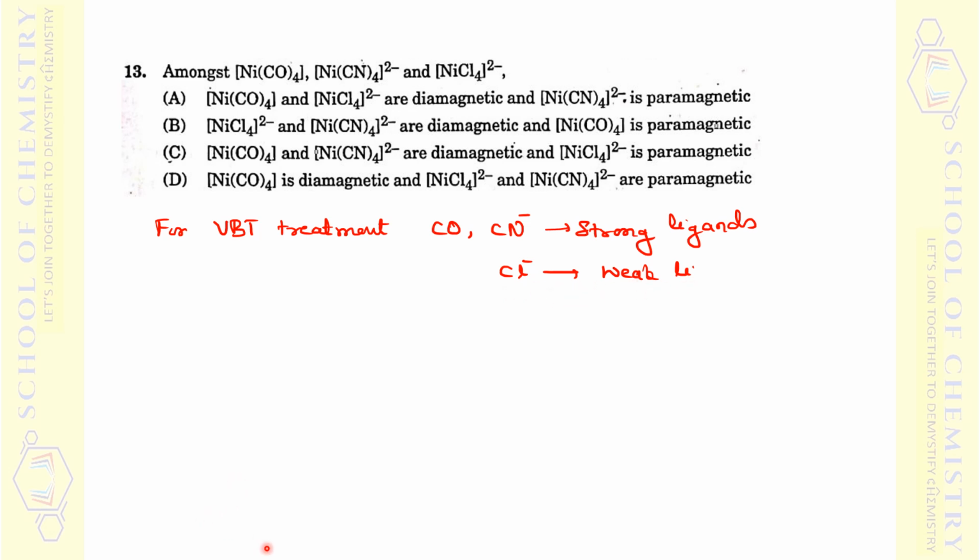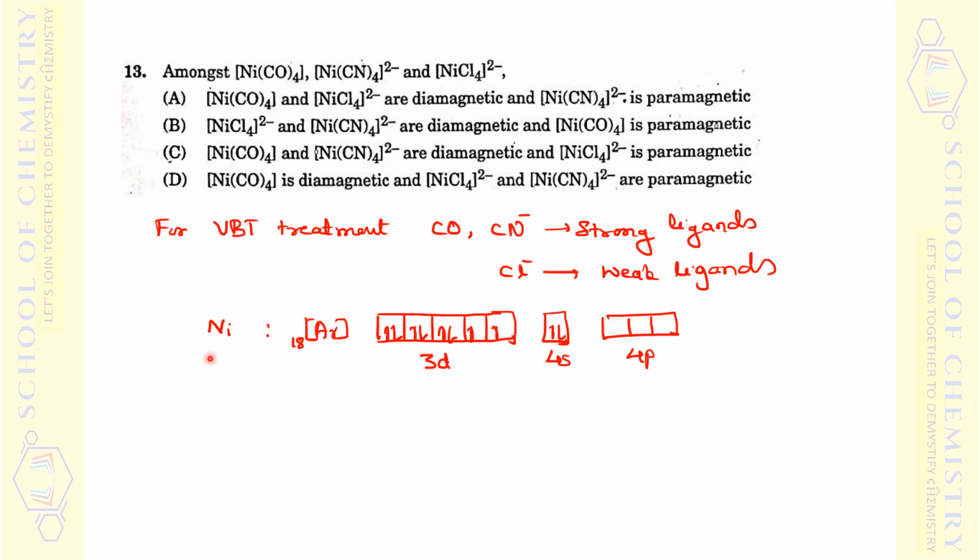This strong field and weak field ligand distinction actually comes from crystal field theory, right? But we have just mixed up both, and it is a very common practice that some ligands are treated as strong and some as weak in the valence bond approach also. If we approach from that side, we should know this fact.